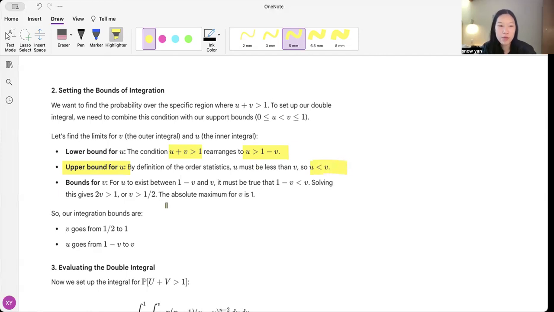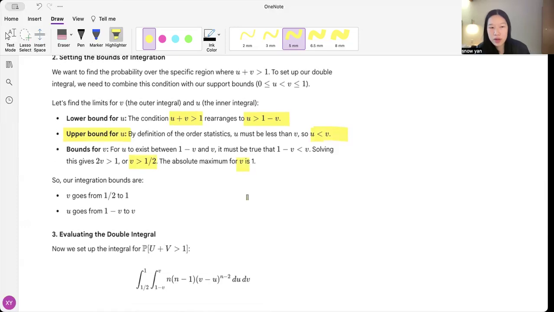Then bounds for V: for U to exist between 1 minus V and V, it must be true that 1 minus V is smaller than V. Solving this gives V greater than 1 half, and the maximum of V is 1. So the integration bounds are V from 1 half to 1, and U from 1 minus V to V.